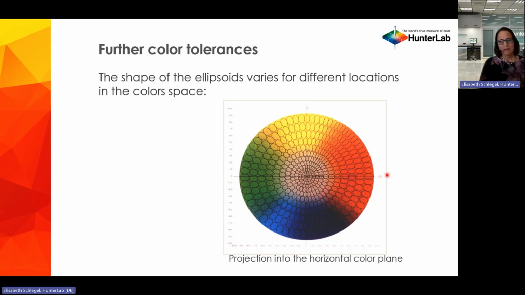So that means if you're adding a little bit of yellow pigment to a green color, you need a lot of pigment to make it more yellow here, for example. But if you're adding yellow pigment to an orange color here, it's a very narrow ellipse, and you need only very few pigments to make it more yellow. So the ellipsoids are different for every location in the color space.